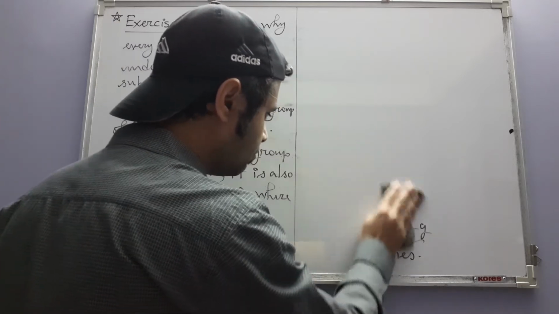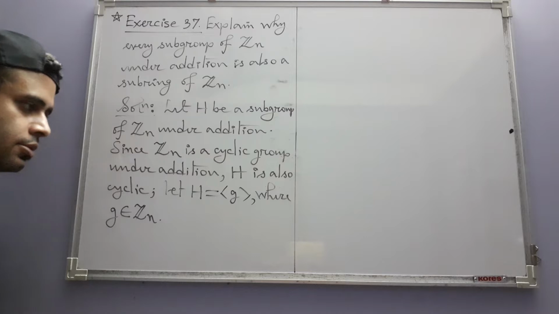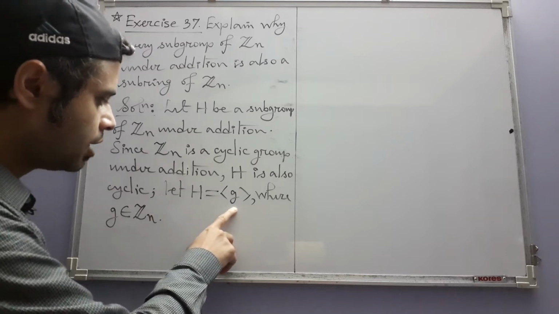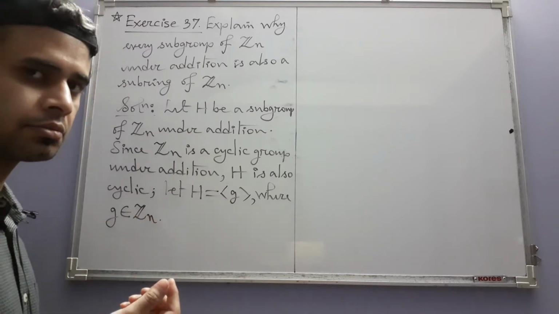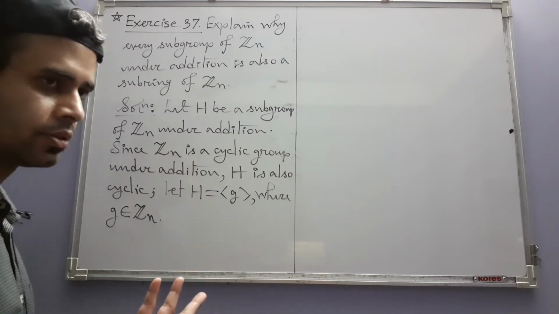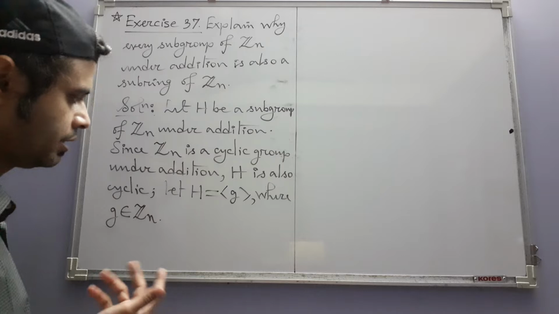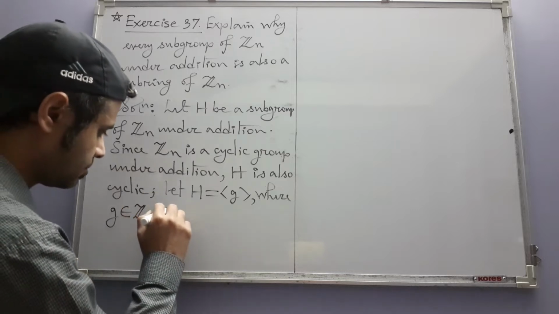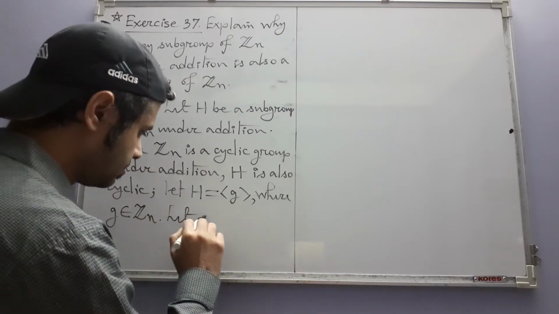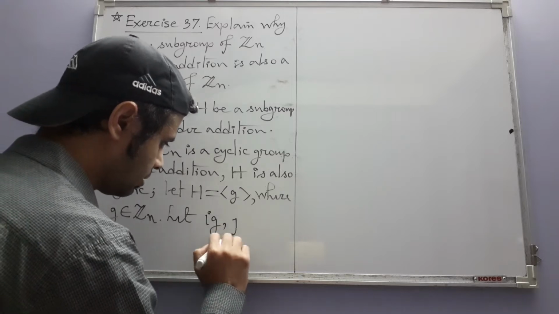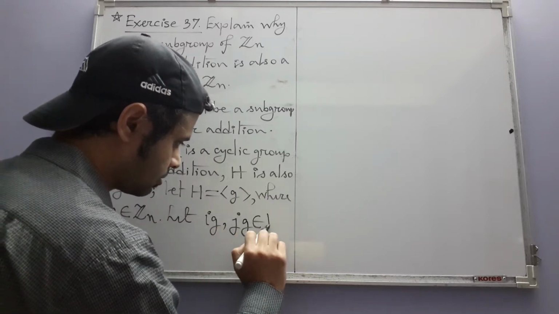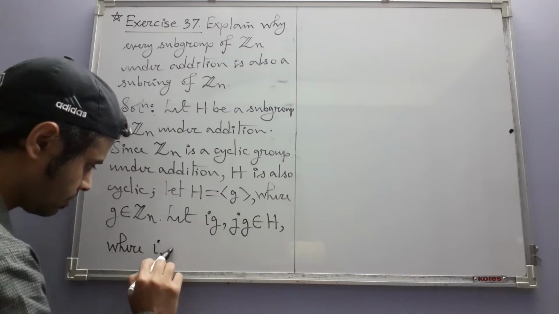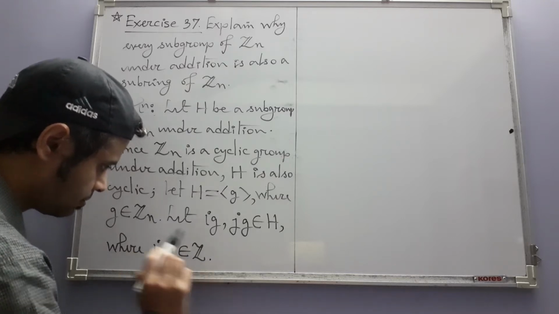Now we need to prove that this H is a subring. Because it's already a subgroup, we just have to show that if we take any two elements from H, their product, using the multiplication modulo n binary operation, must again be in H. So let ig and jg belong to H, where i and j are integers.